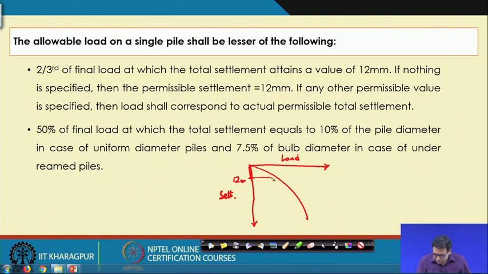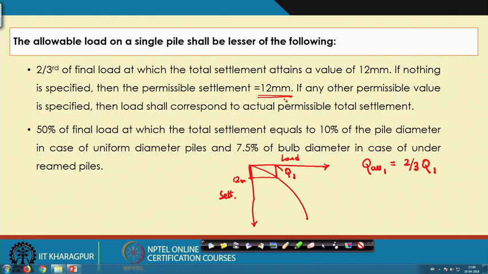You have the corresponding load Q1. So, the first case says your Q allowable 1 is equal to 2/3 of Q1. If nothing is specified, then 12 millimeter will be treated as the permissible settlement of a single pile.